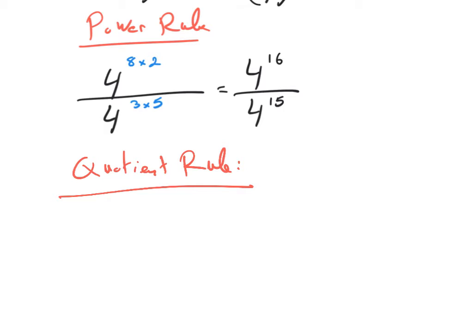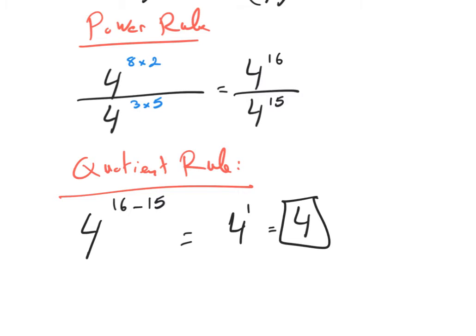We're going to subtract 15 from 16, so it's 16 minus 15. That's called the quotient rule. And the answer will be 4 to the 1st, which is 4, and that's the final answer.